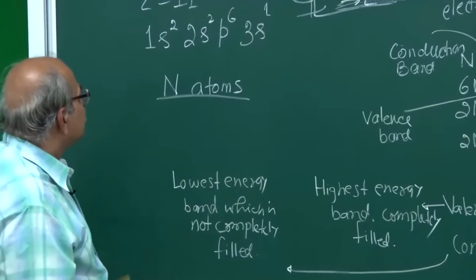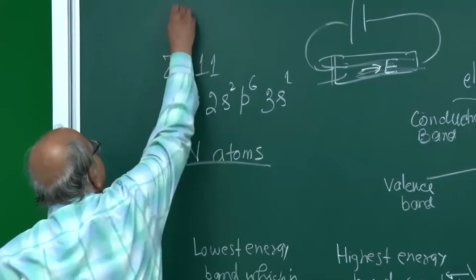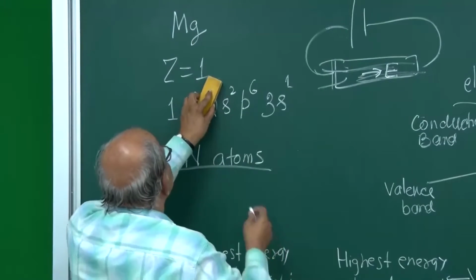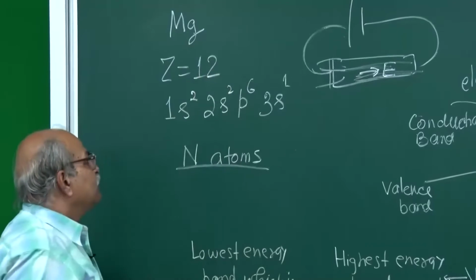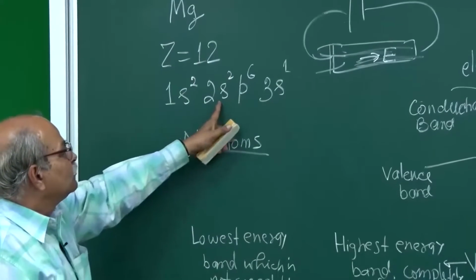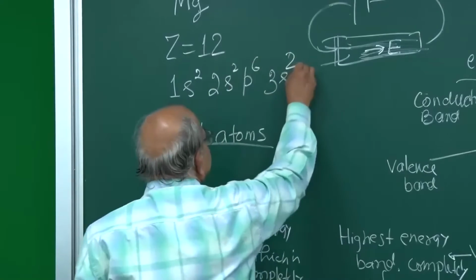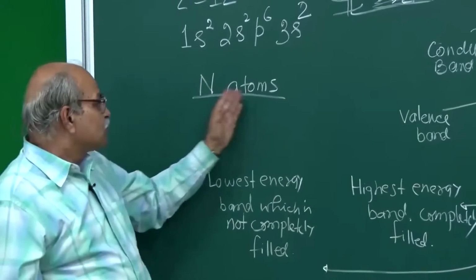Let us suppose now we consider magnesium, Mg. Here Z is equal to 12. So for each atom, the configuration will be 1s2, 2s2, 2p6 and 3s2. And suppose I have n atoms of magnesium.